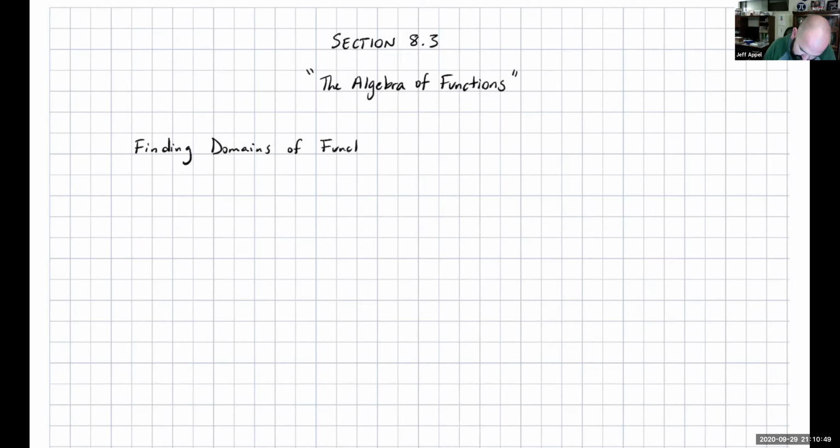Your domain is, of course, the x values that you are permitted to use safely, where you can plug in that x value into a function and know that you are going to get back a y value in return.